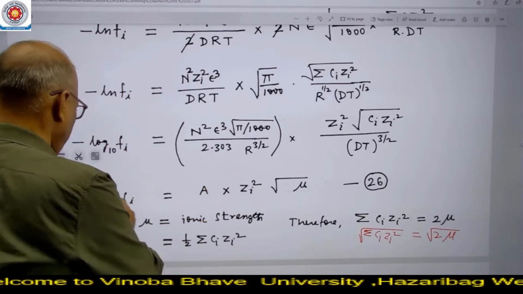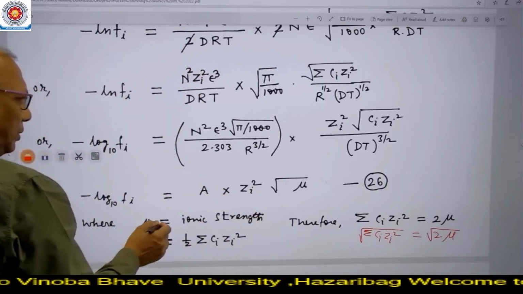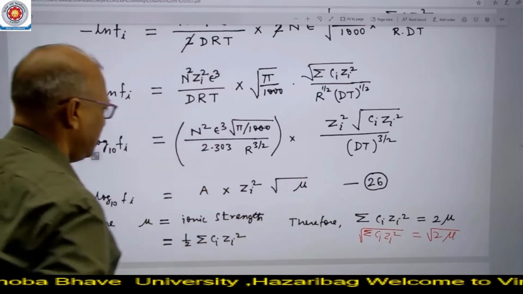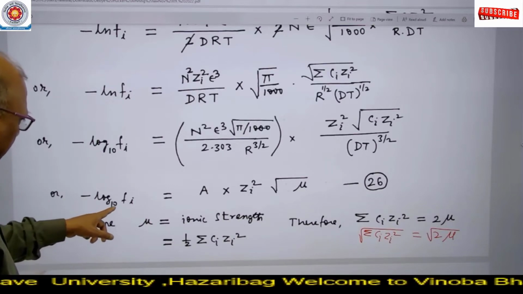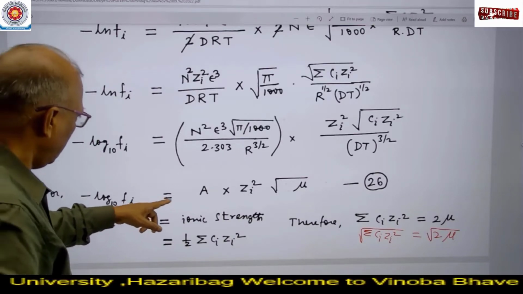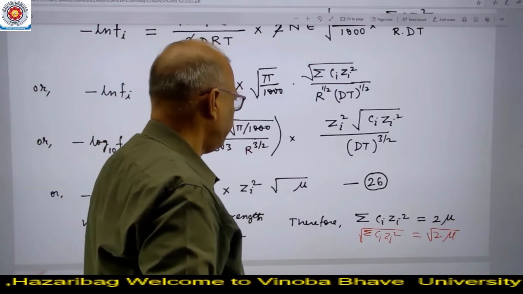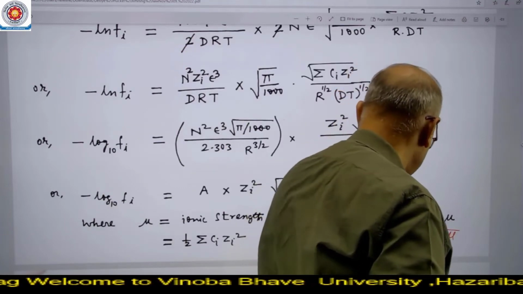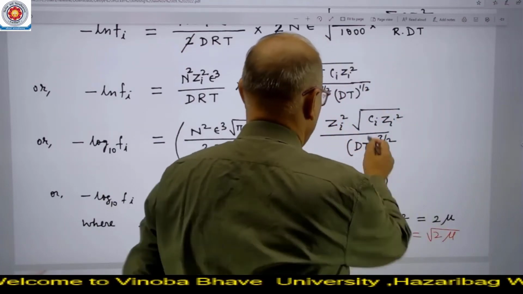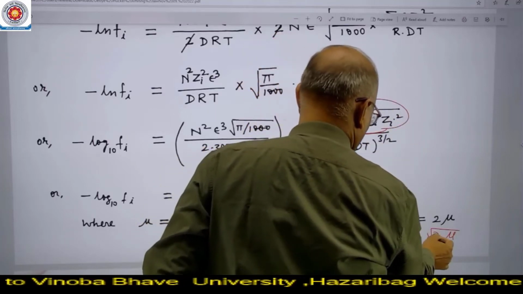So if we put these values here and simplify it, we get equation 27: minus log10 fi is equal to A into Zi square under root mu. For the term summation Ci Zi square we will write under root 2 mu.